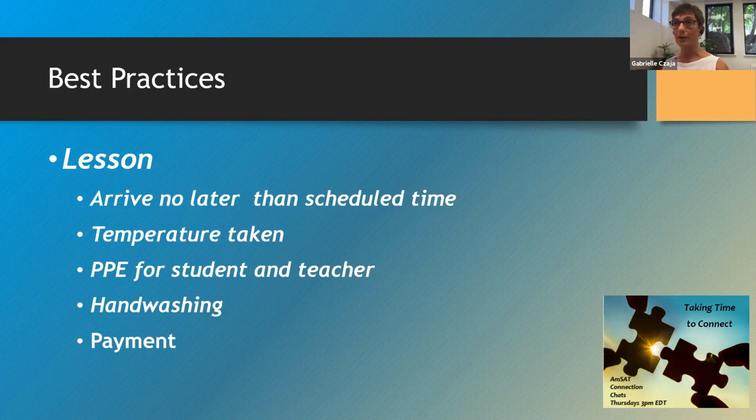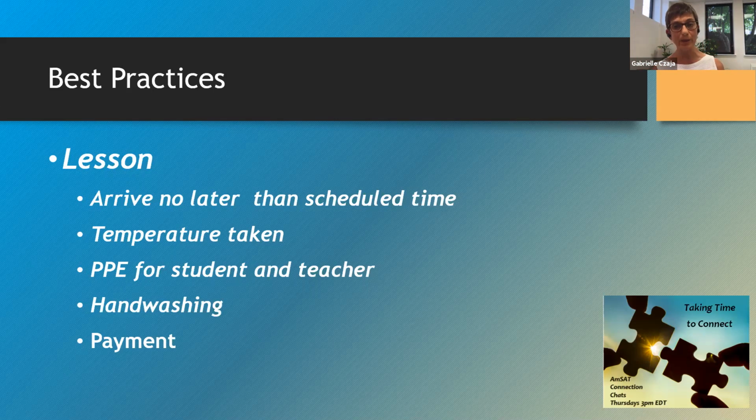We know that 30% of the people that are asymptomatic might be carriers of COVID. However, if we're doing a couple of things to monitor, taking a temperature is one of those things that's being done fairly much across the board. If a temperature is higher than 100.4 degrees, you would ask that student to go home and call their physician.